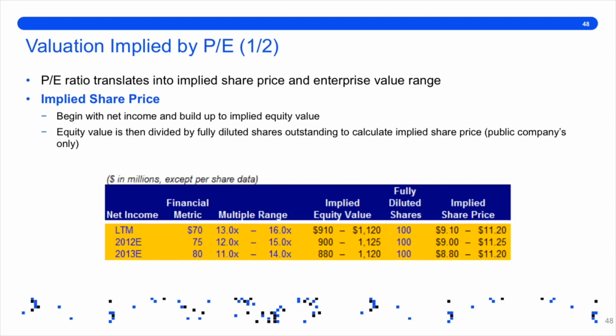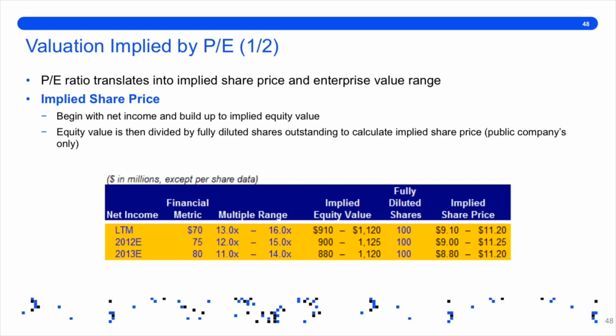This is if you are working with an equity-based multiple, it's much simpler. In this case, again, we have ranges in terms of price earning. So if I take the last 12 months, it is between 13 and 16. That's the valuation range. The company has, let's say LTM, $70 million of net income.